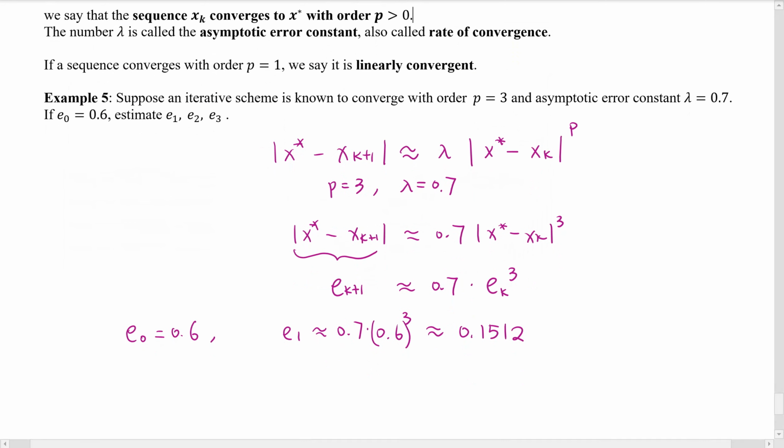Okay, how about E2? Well, E2 is 0.7 times E1 cubed.